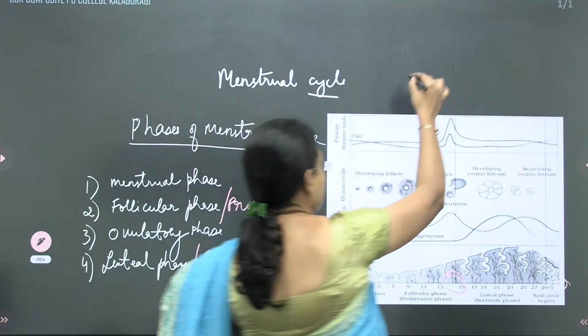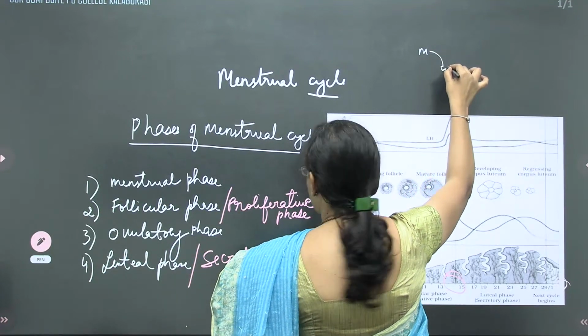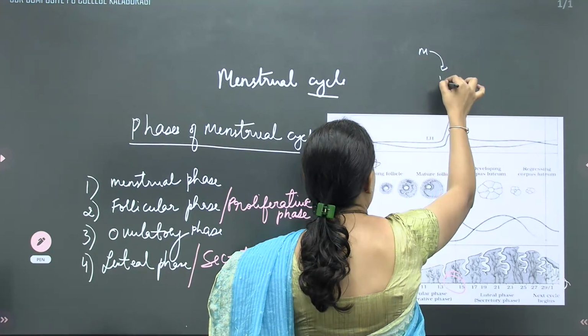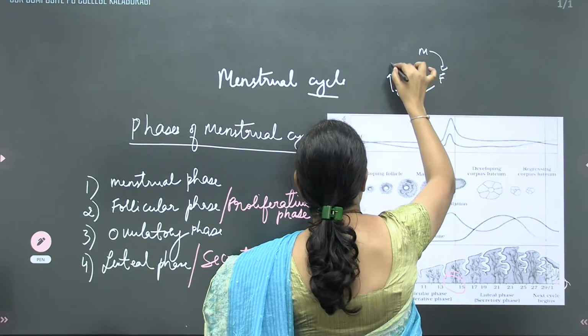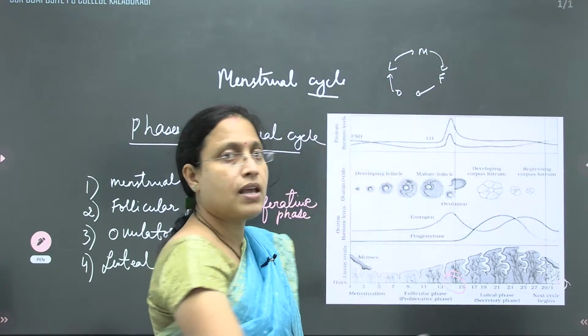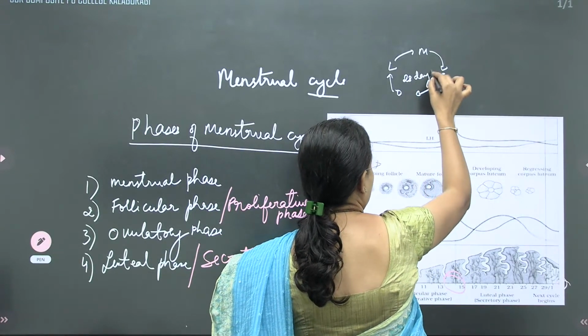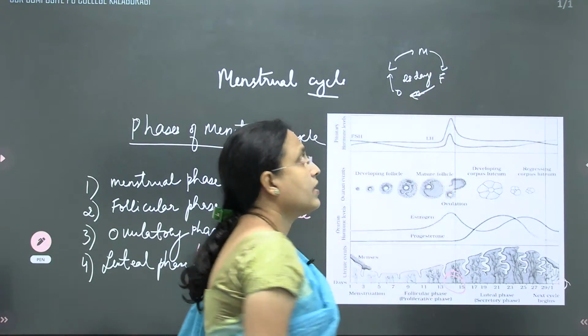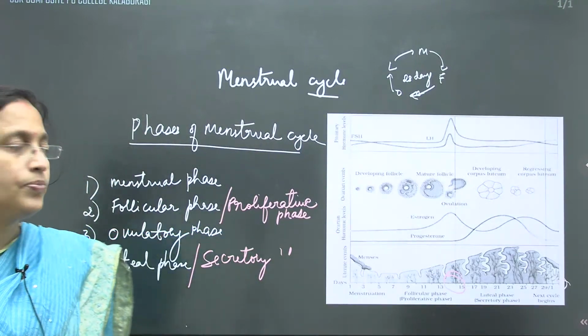So if the menstrual cycle begins here, first is the menstrual phase, then the follicular phase, then the ovulatory phase, and then the luteal phase. And the cycle repeats after every 28 days.